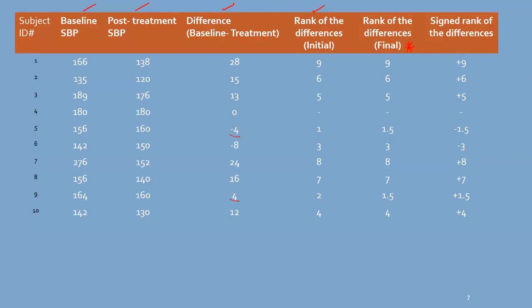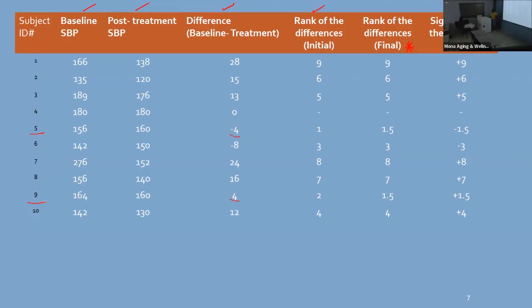What's this now? Number 5 and number 9. You just randomly assign 1 or 2 to any one of them because they were both 4s, but one was negative and one was positive. No, remember, in ordering, it doesn't matter if they're negative or positive.